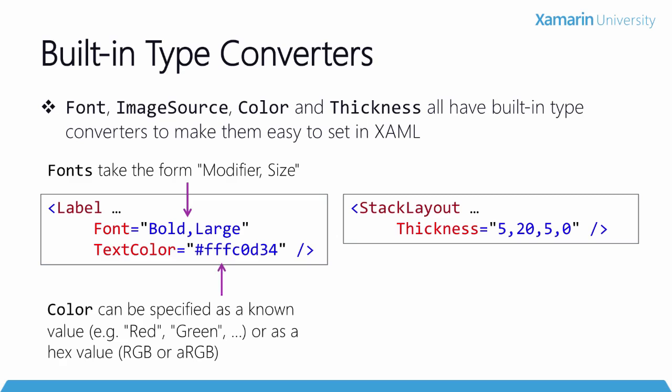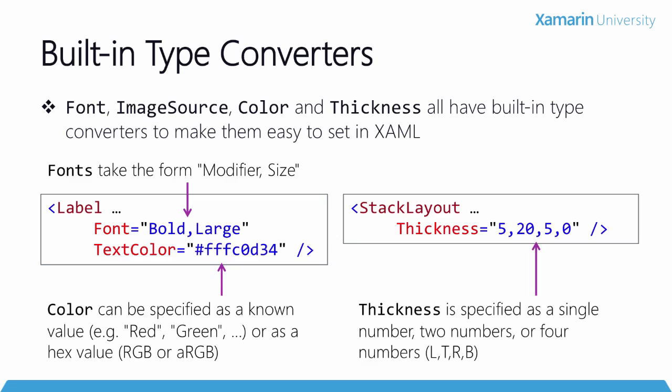The color type converter supports creating colors from the named color set available in code behind, or using the HTML hex syntax. The image converter supports taking a URL or file name to load an image, and the thickness converter supports the creation of a thickness object using a single number, 2 numbers, or 4 values for each edge. These variations match the constructors that you would use in code behind.